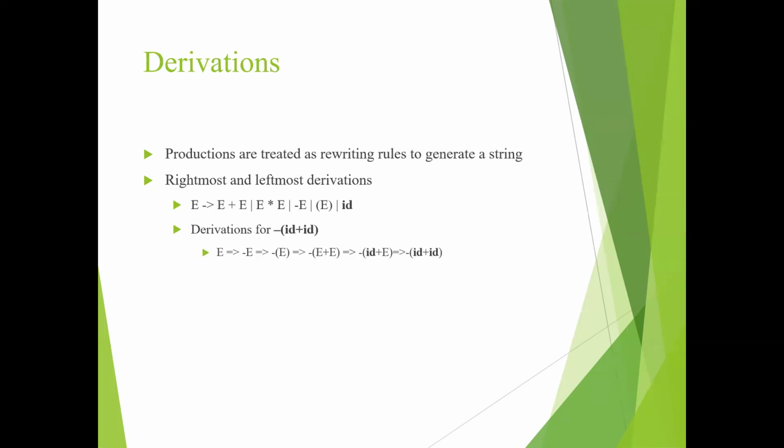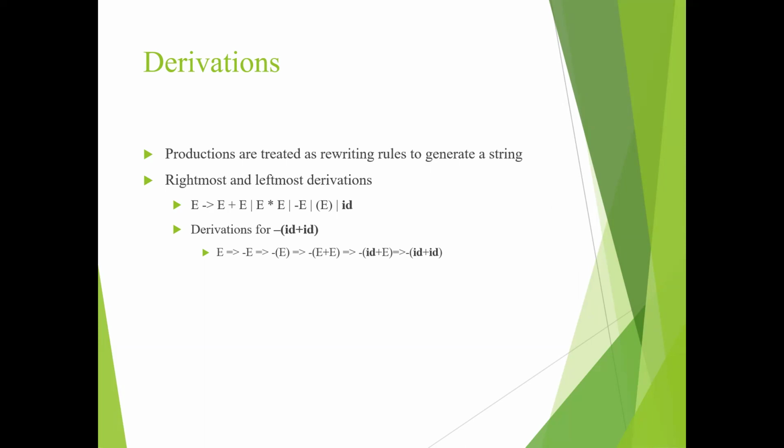Once the context-free grammar is defined, we derive strings from that grammar with the help of the leftmost derivation or the rightmost derivation. If the substitution is done from the left side with the given grammar, it is known as a leftmost derivation. If the substitution is done from the right-hand side, it is known as a rightmost derivation.